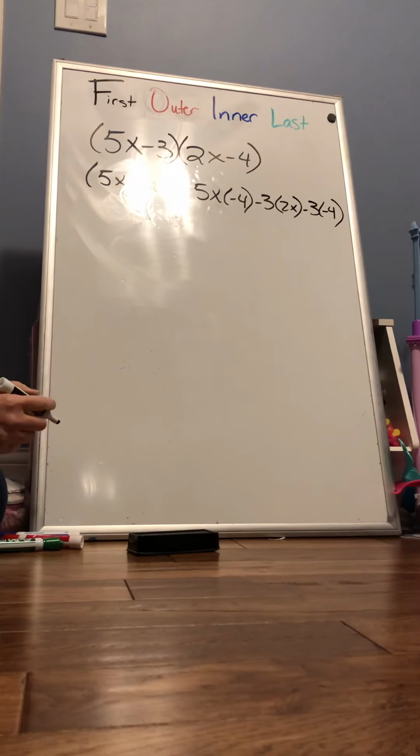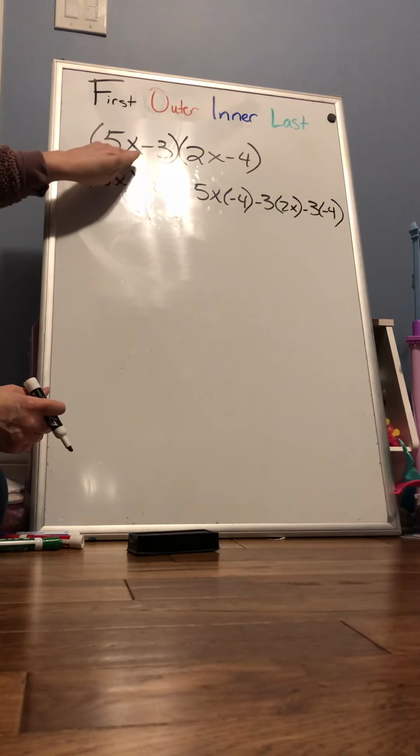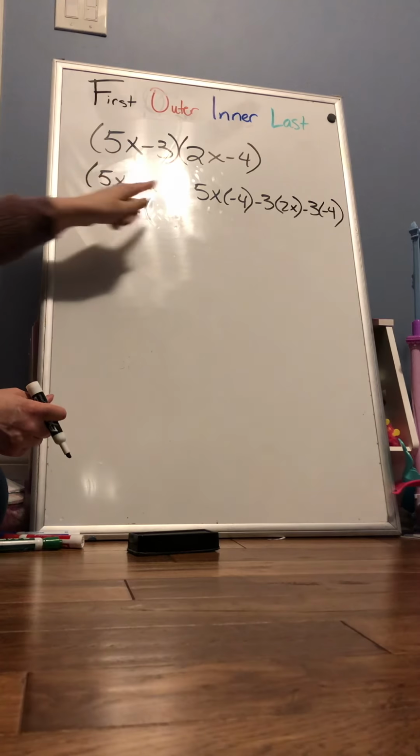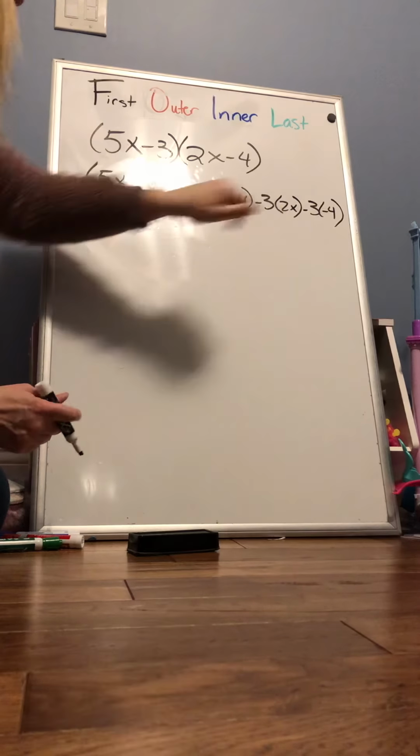Notice that your last terms are both negative, negative 3 and a negative 4. So it's important that you pay attention to whether numbers are negative or positive. Those are each term. So really hone in and look at each term and identify whether they're positive or negative, and make sure you're putting those symbols in.